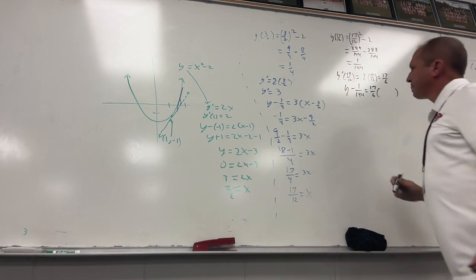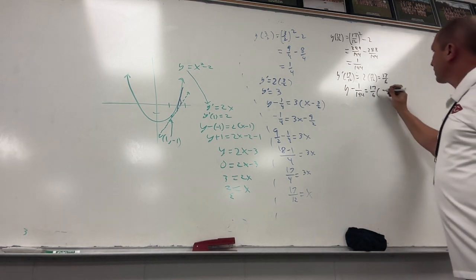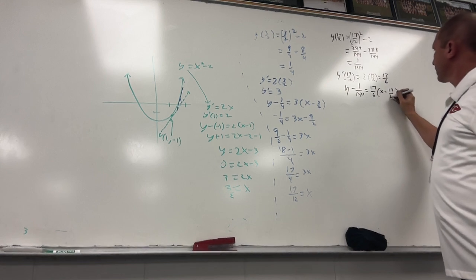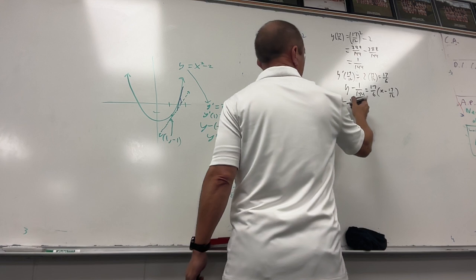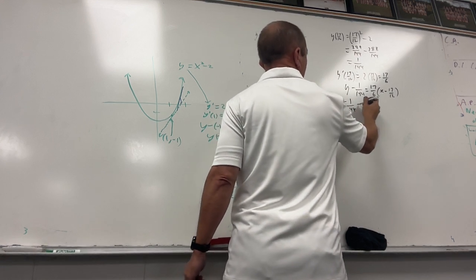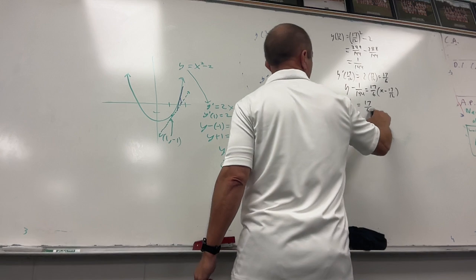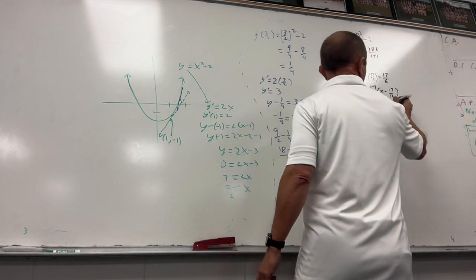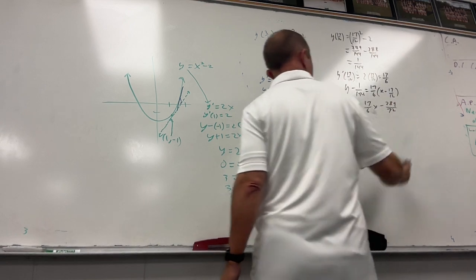times x minus, of course, again, that's 0. So get negative 1 over 144 equals 17/6 x minus 289 over 6 and 12 is 72.